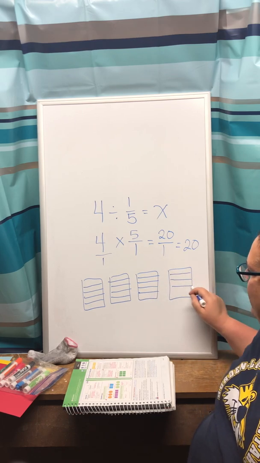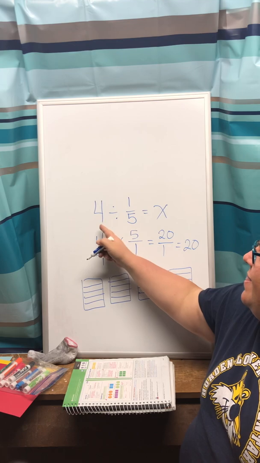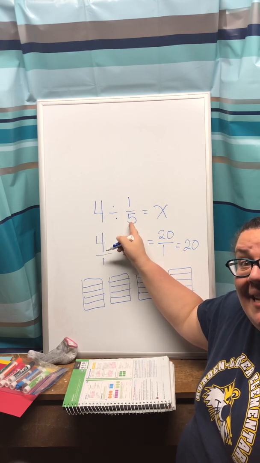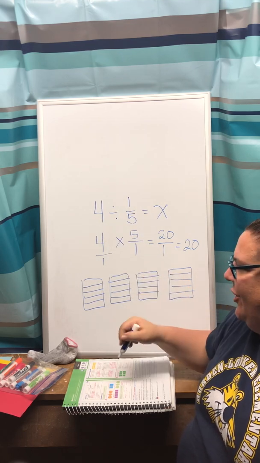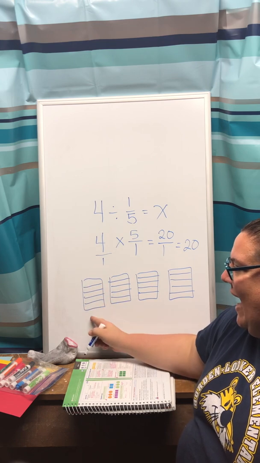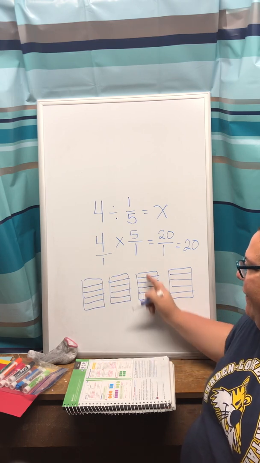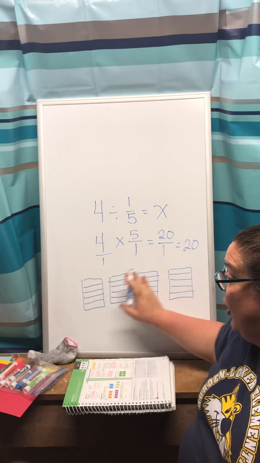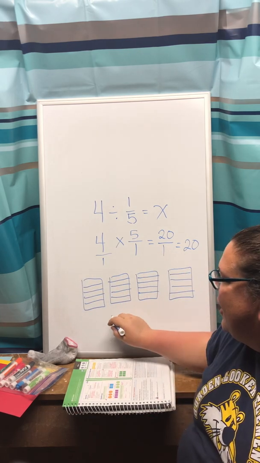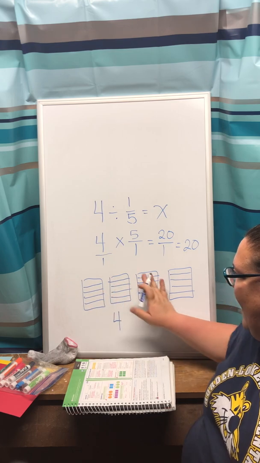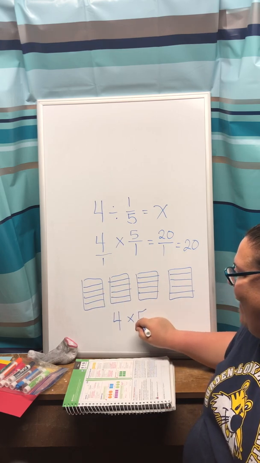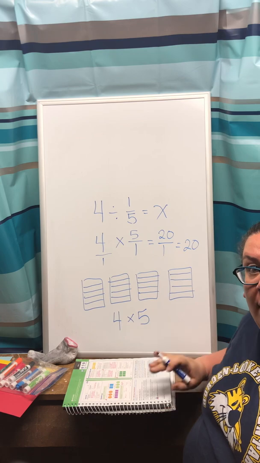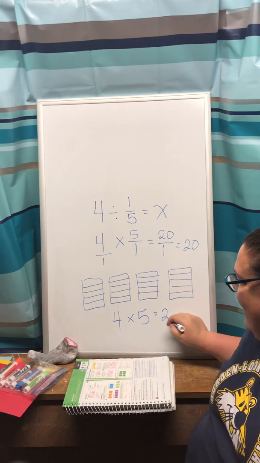Once they're all divided into fifths, I have 5, 5, 5, 5 pieces, and I have 4 total. So it's 4 total items times 5 pieces per item. That's where my 20 is coming from.